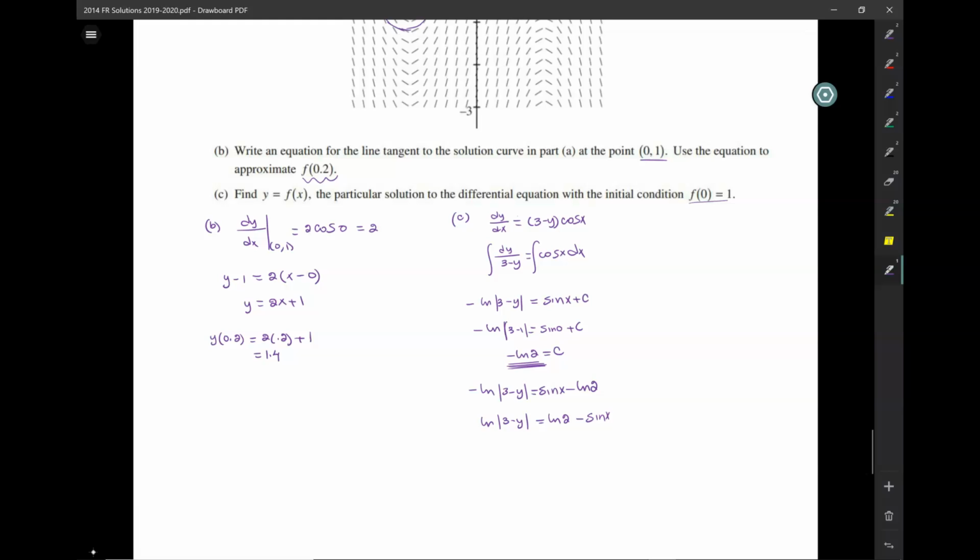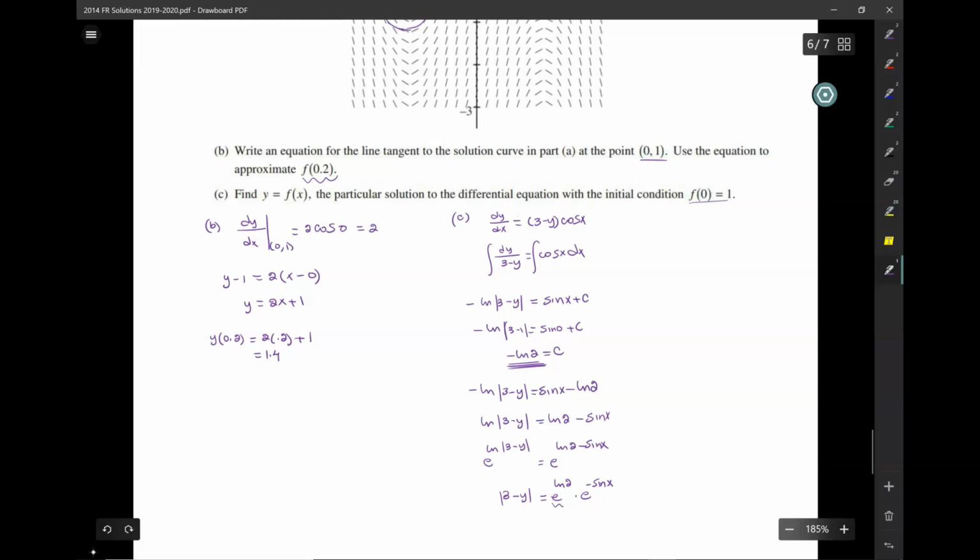And so now here's what we're going to do. e to the ln of 3 minus y is equal to e to the ln of 2 minus sine x. e and ln go away, so 3 minus y is equal to, okay, so here, if I have e to the a minus b, that's the same as e to the ln of 2 times e to the negative sine x.